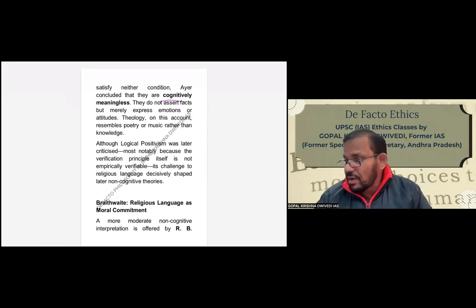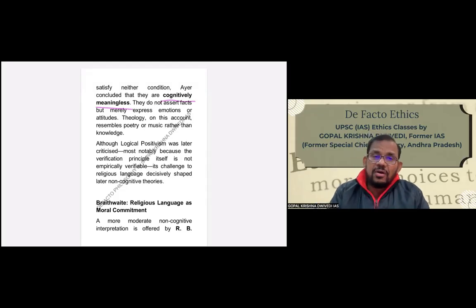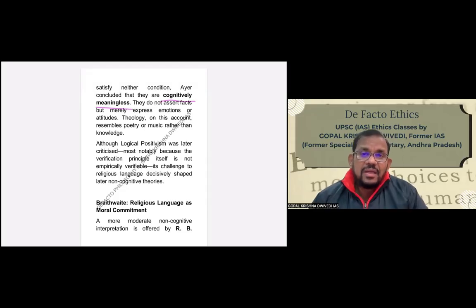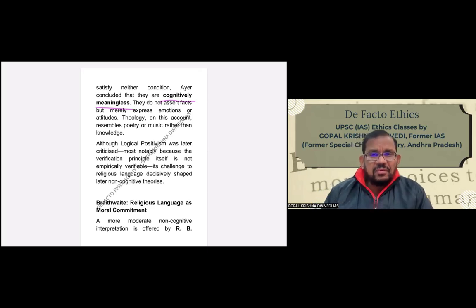Therefore, they are cognitively meaningless. This was the view of logical positivism, which strongly supported the non-cognitive view of religious language. Basically, what they want to say is that theology, that is religion, resembles poetry or music for them rather than knowledge.